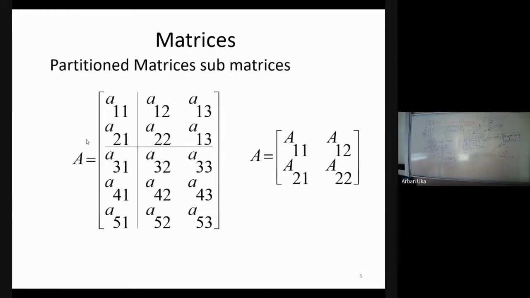Actually, partitioning is a very important tool, and it's often used to reduce the computational complexity. If the original matrix is huge, we can partition it into smaller parts, and then the computational complexity can decrease.